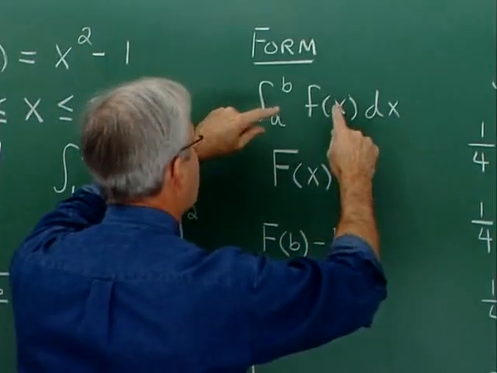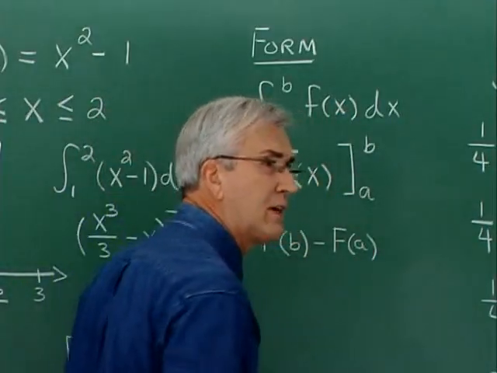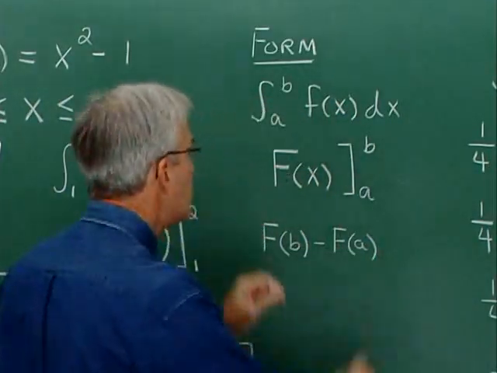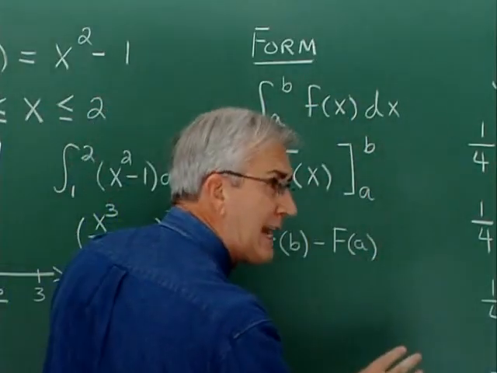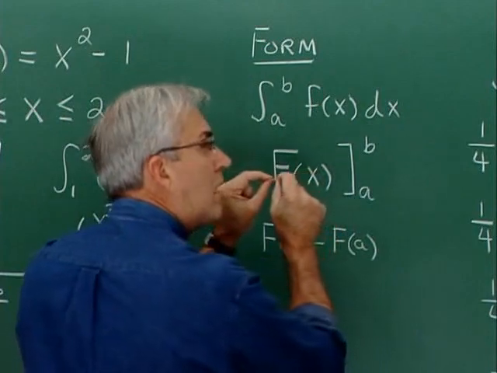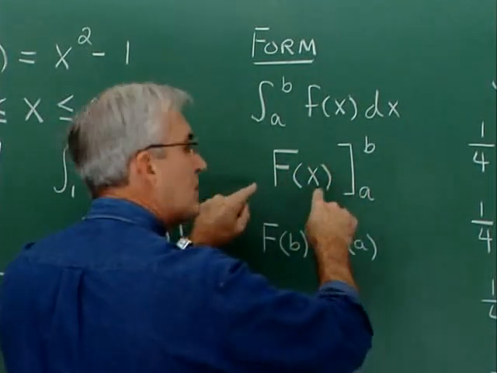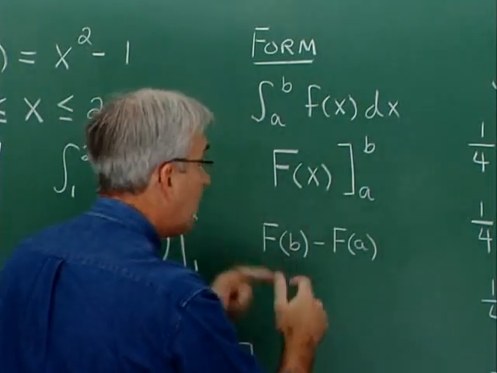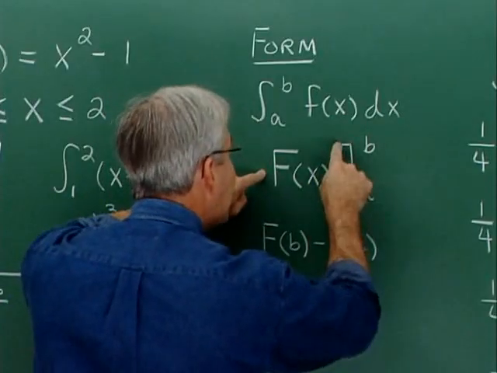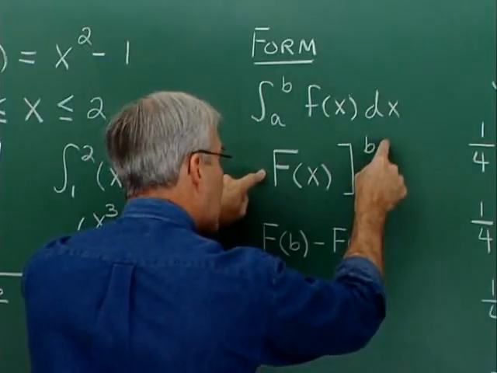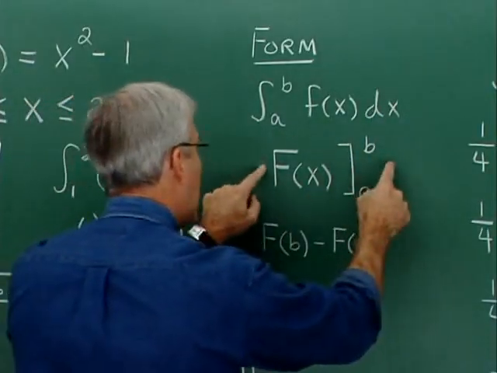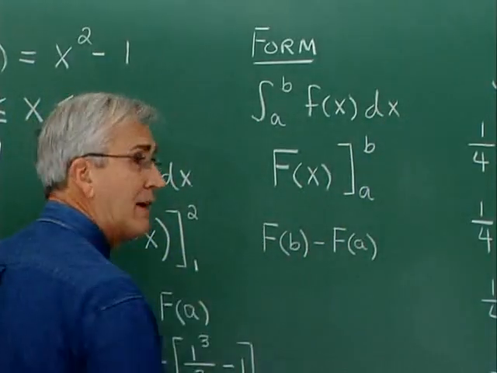Part of the process is to find the integral function. So let's find the integral function and then indicate that we are going to evaluate this within a certain interval. The evaluation indicator is this bracket, with lower limit of integration, upper limit of integration, and then we go through the F of b minus F of a business.